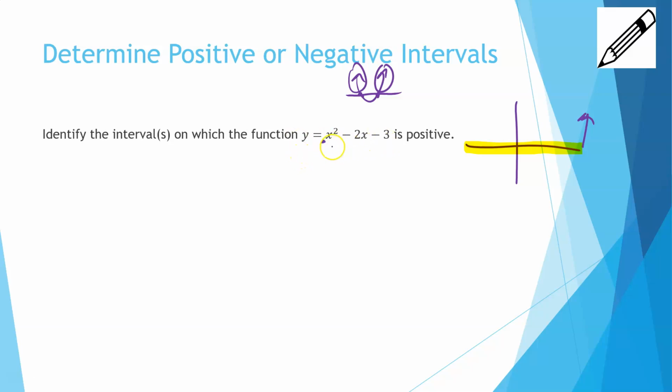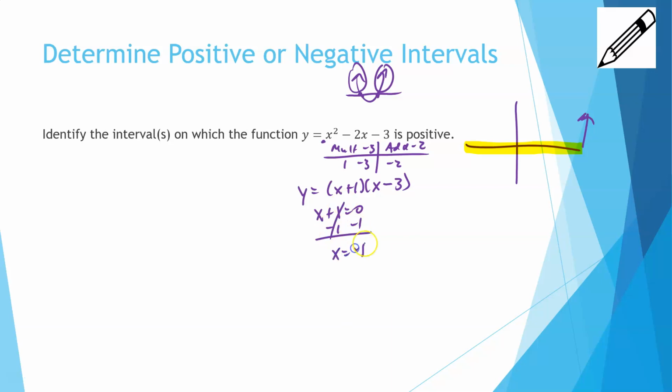So I look at this equation. Again, I'm multiplying to a negative 3, adding to a negative 2. We actually just did this one, 1, negative 3. So my factored form is x plus 1 times x minus 3, which means that it has x-intercepts at x equals negative 1 and x equals 3.